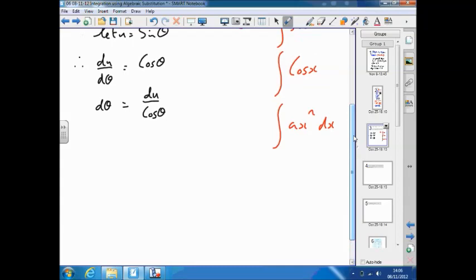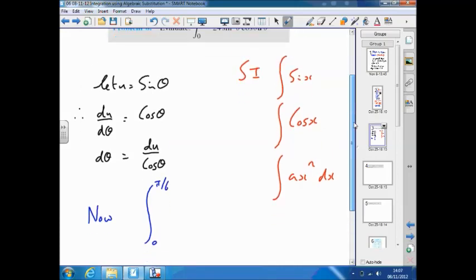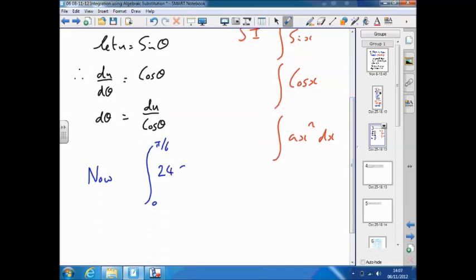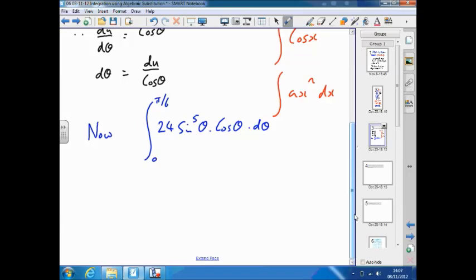So now, the integral that we had before, the integral between 0 and pi over 6 of 24 sine to the 5 of theta, cos theta, d theta, that's the original question, equals, take the 24 outside, integral between 0 and pi over 6.